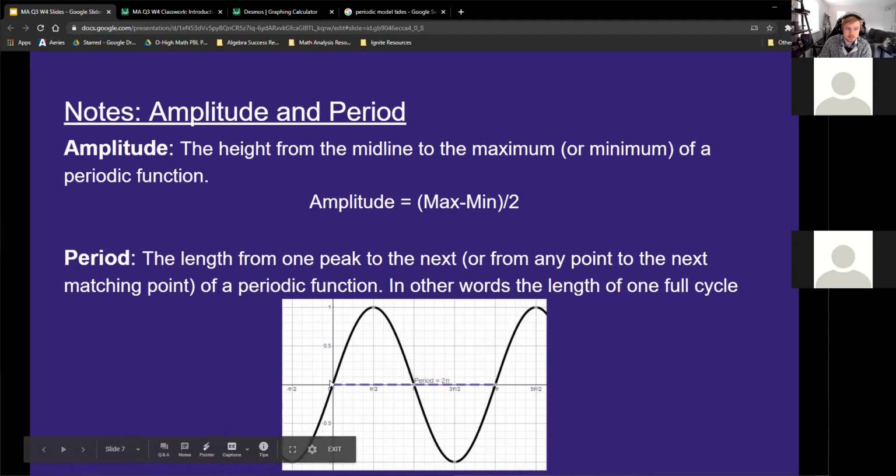So you guys see how from essentially one point until the next matching point, right? See, I'm at the midline going up, and then I'm at the midline going up again. So I've repeated. That's one period.